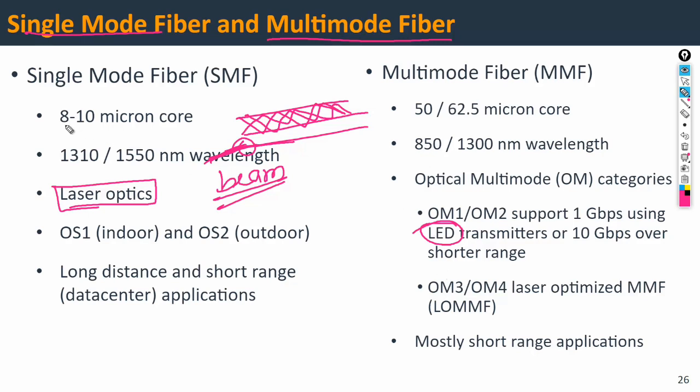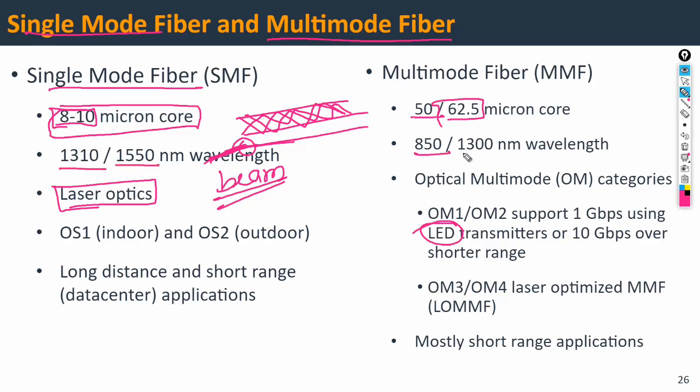The core of the single mode fiber cable is thinner than the multi-mode fiber cable. The core size is 8 to 10 micron and here it is 50 to 62.5 micron. The wavelength is 1310, 1550, and here the wavelength is 850 to 1300.